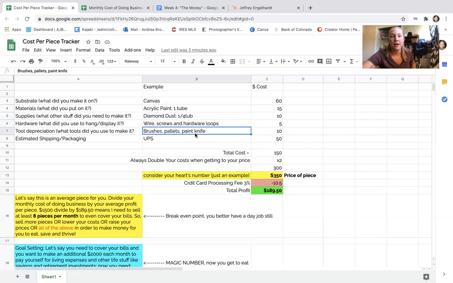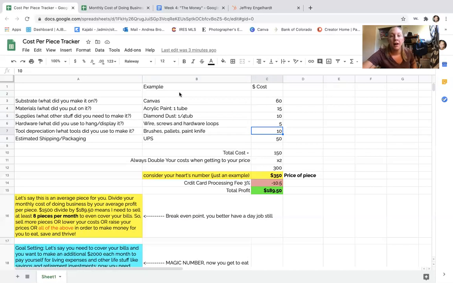So you're going to take a combined cost of that and break it down over the usable life of the tool. If a brush lasts you for 5 paintings, great, you get to break that out. So I just put in $10 here for tool depreciation. But really think about it, guys. There are real costs involved there, and if you ignore them, you will constantly be selling yourself short.